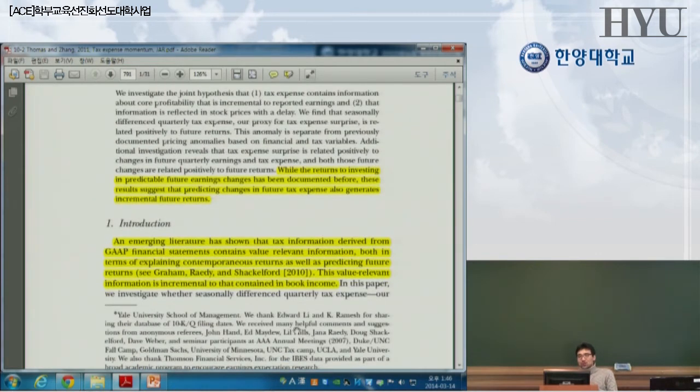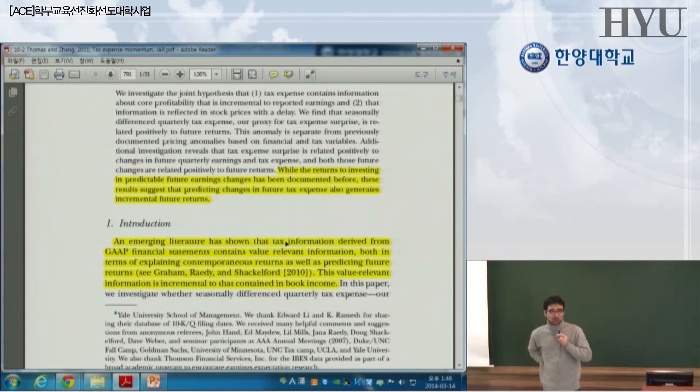One emerging literature has shown that tax information derived from GAAP financial statements contains value relevant information, both in terms of explaining contemporaneous return as well as predicting future returns. So by investigating how much tax a firm pays, this paper argued that the amount of tax that a firm pays has some value relevant information for future returns or future stock price.